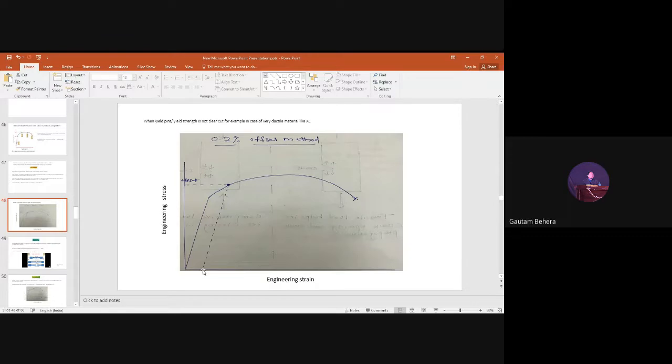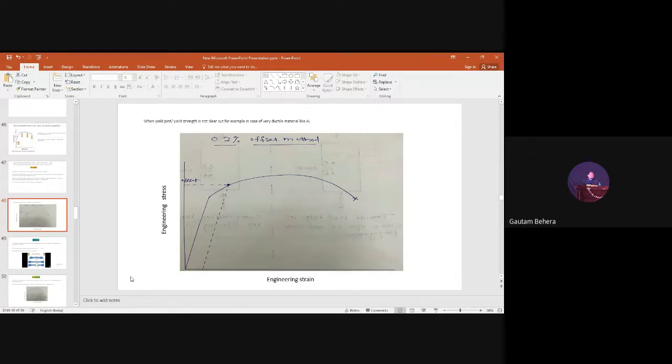From here, you have to draw a line parallel to the elastic, the linear portion of the curve. So you draw a parallel line from 0.2% strain. It will cut the plot here, right? Where it cuts, that point will give you the yield strength, called the 0.2% offset yield strength.